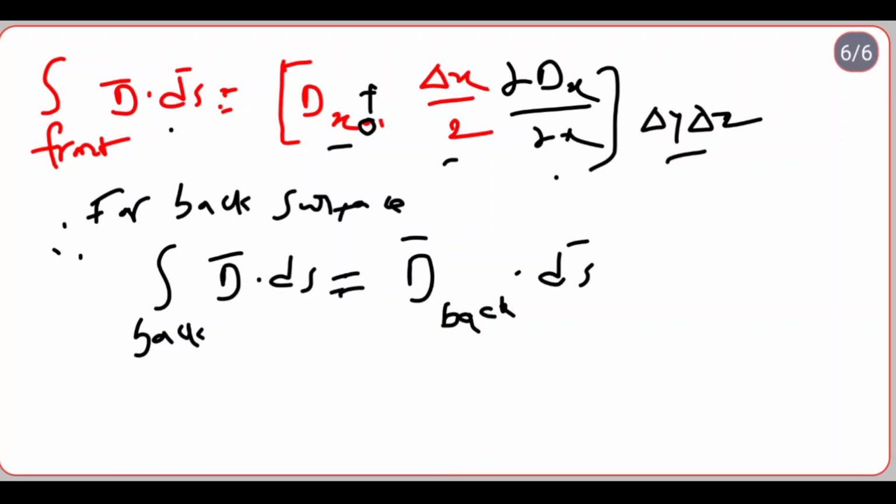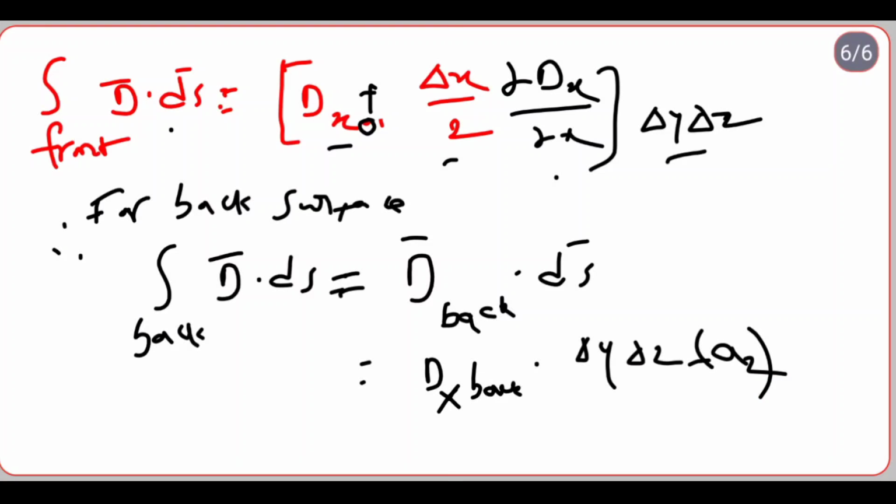Similarly, where D back is dx back in ax direction, ds is delta y delta z but in minus ax direction. Now we can substitute. Just as we substituted for the front, if we substitute for the back side in the same way, we can write D back as dx back dot ds, which is delta y delta z but the direction is minus ax. It is not az, it is ax.